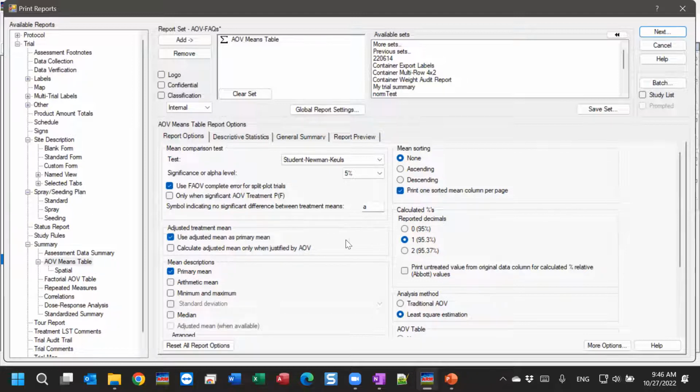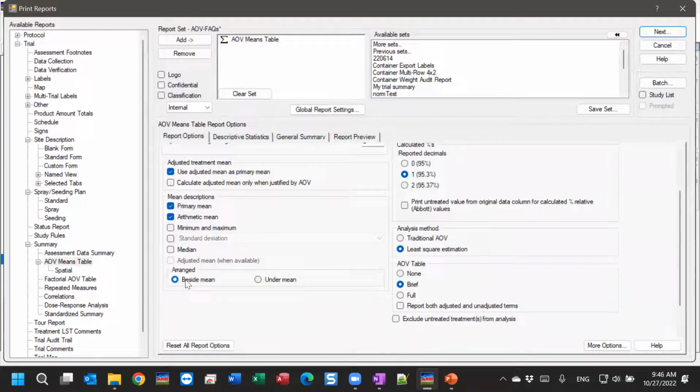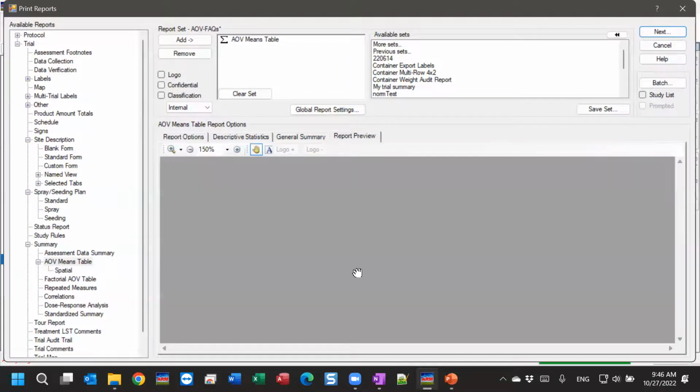And so in the main report options section, we added an option to show the arithmetic mean. That's really that raw mean, that 2.5 we've been talking about. We can have that show up beside the mean or underneath the mean. I'm going to use underneath the mean here.